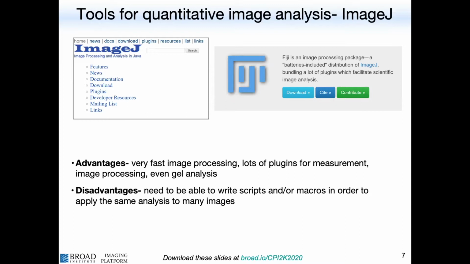The disadvantage, however, is if you want to apply an analysis that you designed in Fiji to hundreds or thousands of images, and you're not familiar with writing a script or macros, that's going to be very tricky. So although it has a lot of analysis power, it's not always the best tool to make your analysis reproducible.